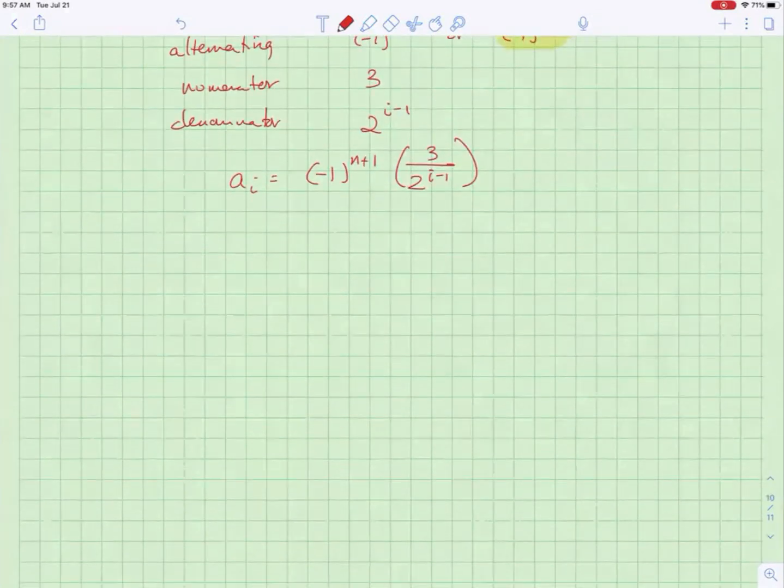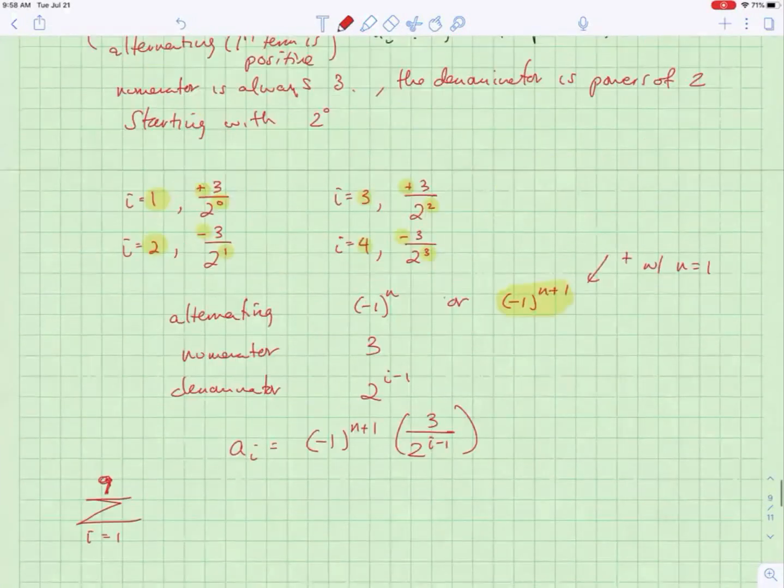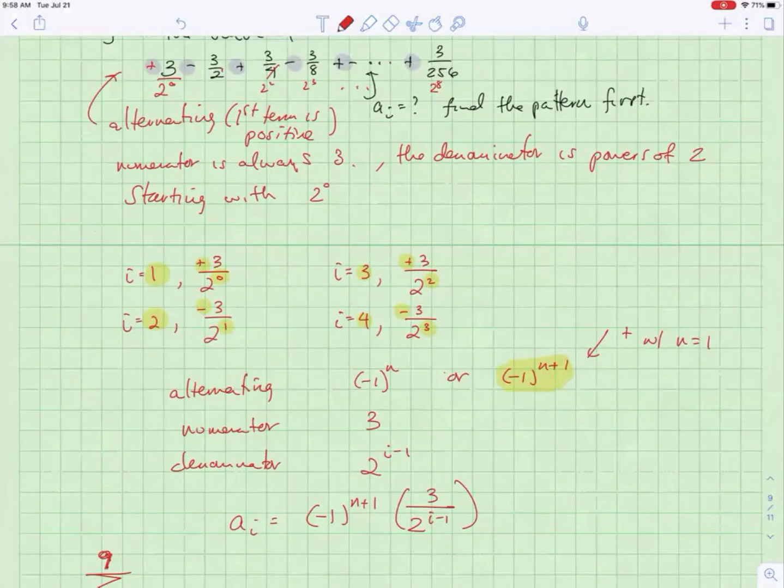So when we go to add all of these terms up from I equals 1 to 9, and it's going up to 9 because this last power is 8, and I minus 1 is equal to 8, which means I is equal to 9.